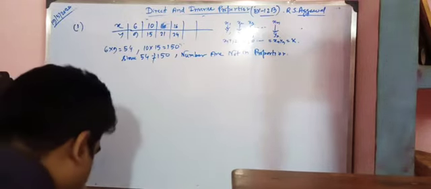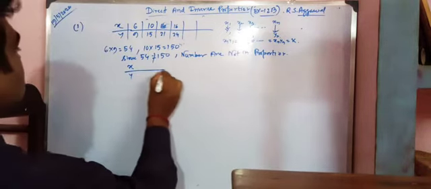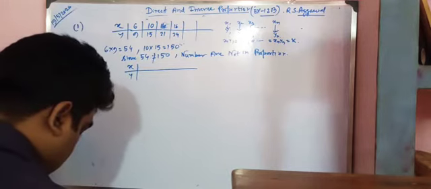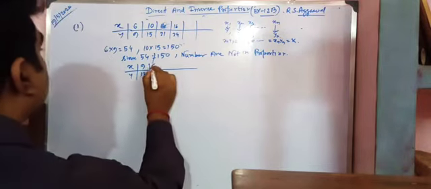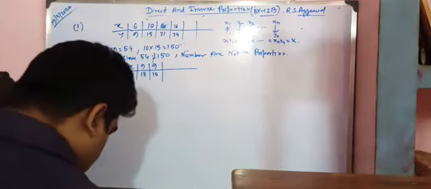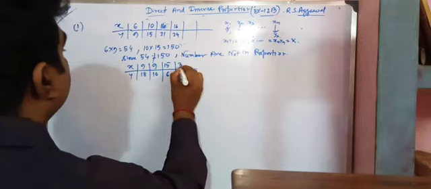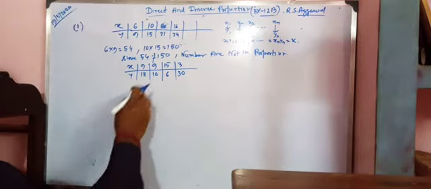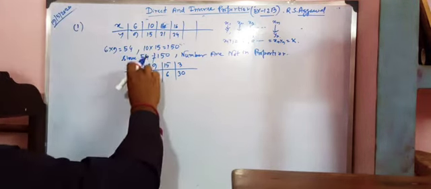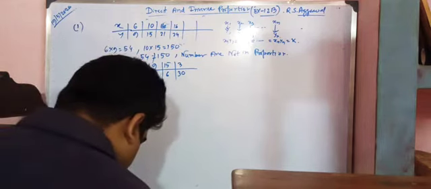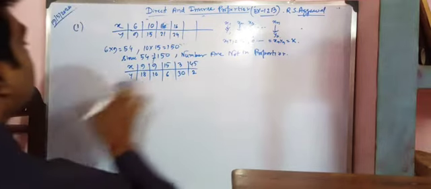The table is given to us, x by y: 5 by 18, 9 by 10, 15 by 6, 3 by 30, and 45 by 2.